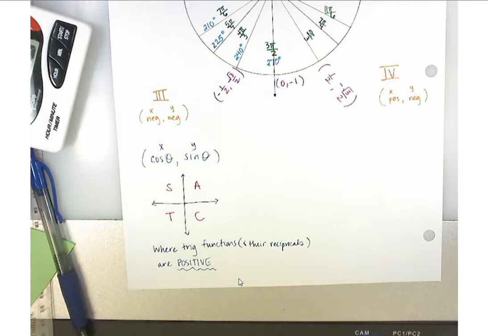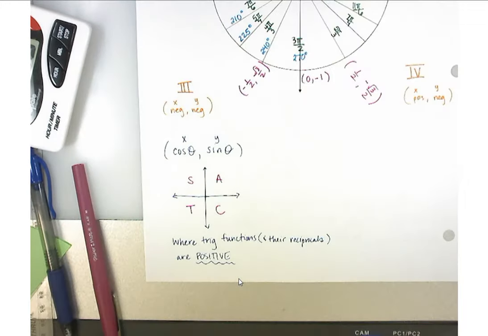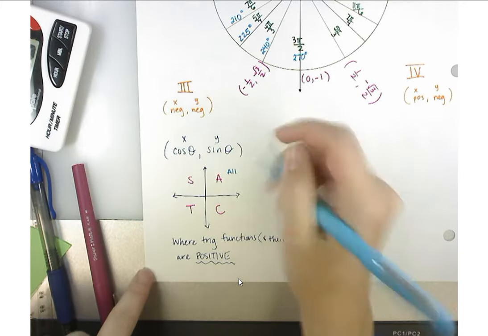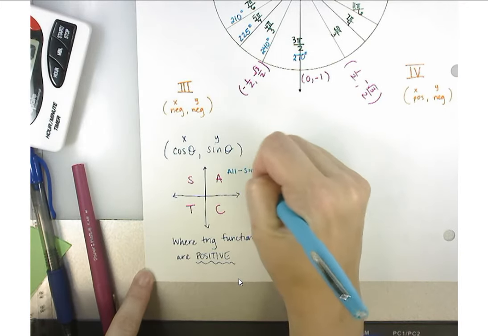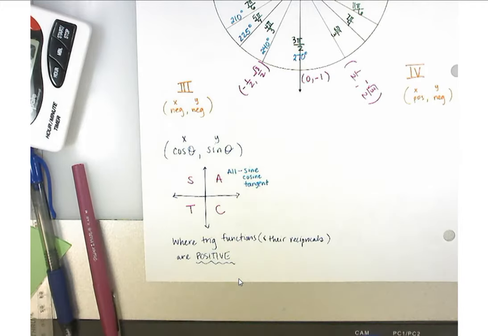Maybe that's new. Okay, so the all means that all the trig functions are positive in quadrant 1. Okay, so your sine, your cosine, your tangent, and their reciprocals. Okay, so the cosecant, secant, and cotangent.